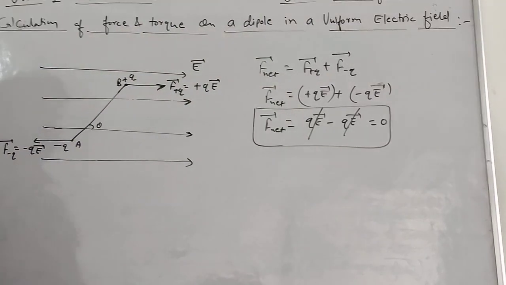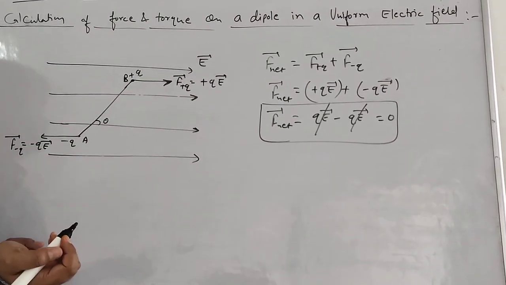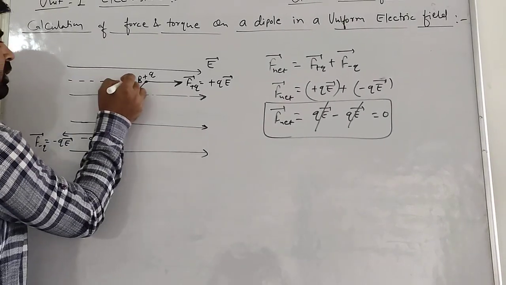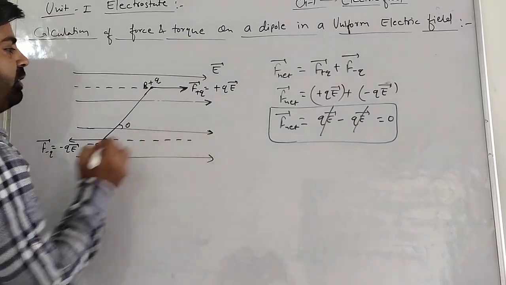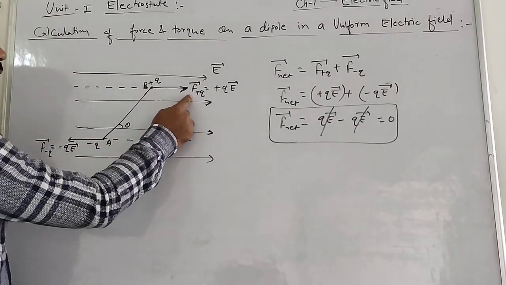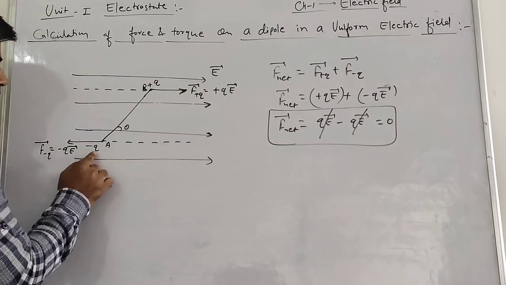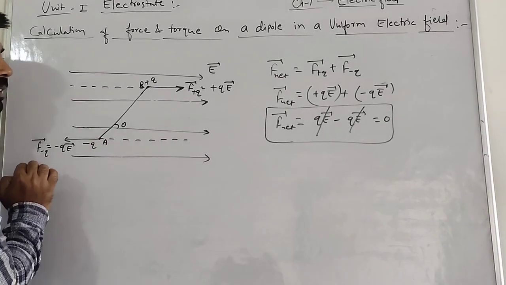but both forces are not collinear. Collinear means the lines of action of both forces are the same; here they are different. The line of action of F plus q is denoted here, and the line of action of F minus q is denoted here.